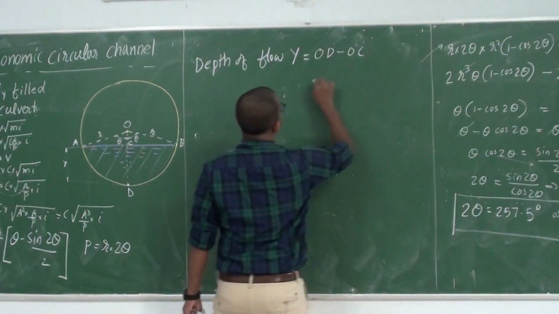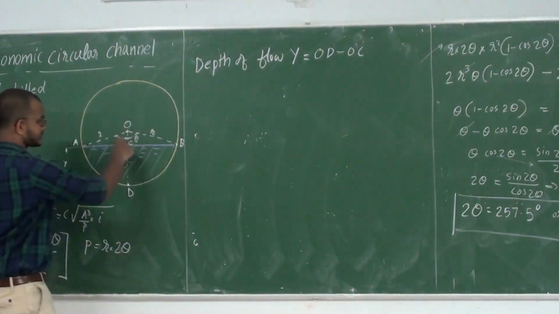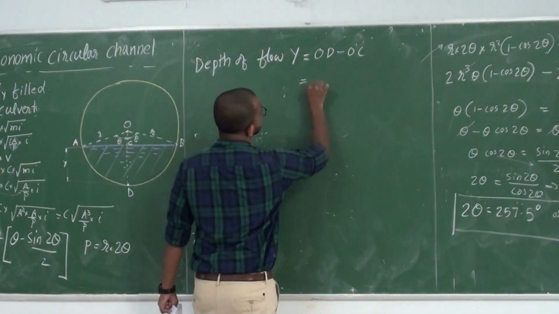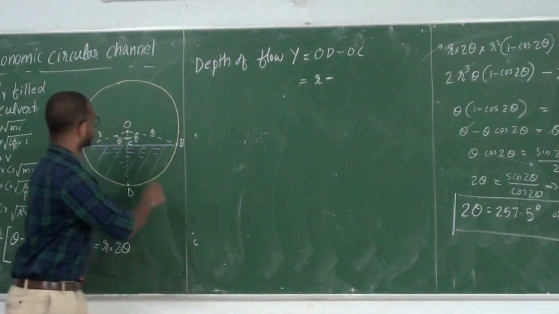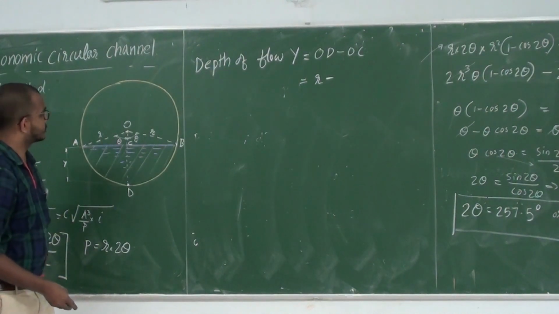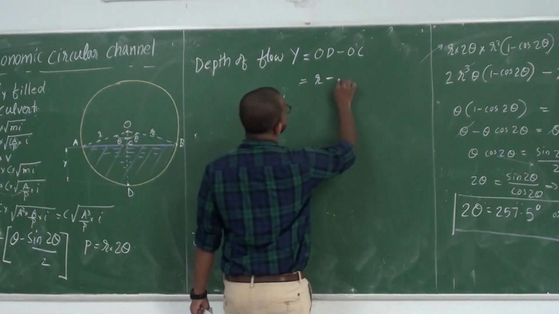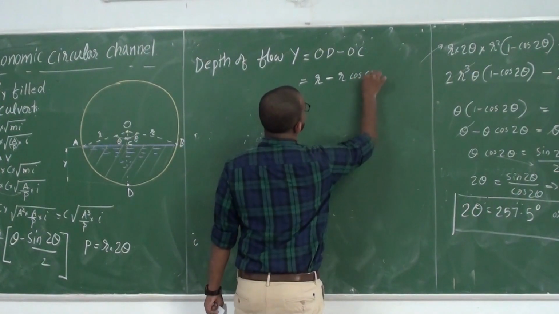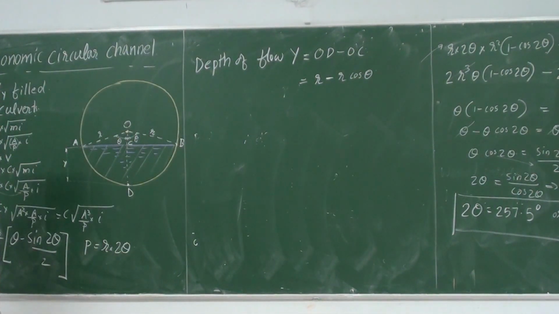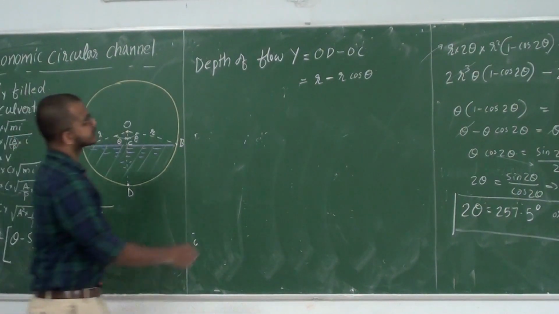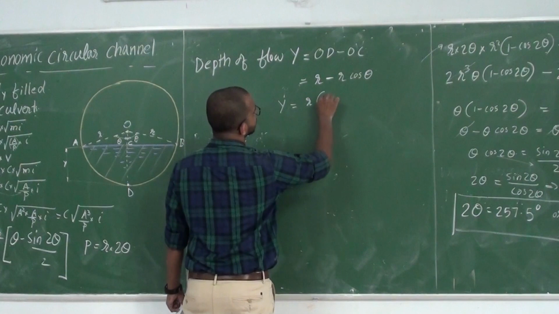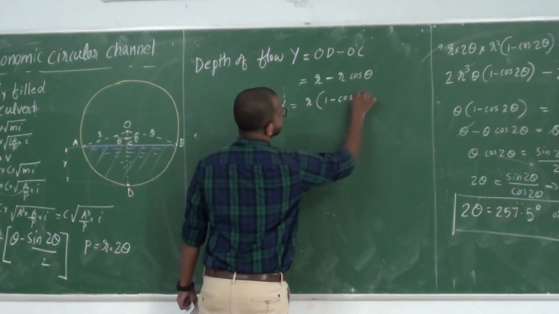OD is nothing but the radius of the circular channel, so y is equal to R minus OC. OC is nothing but R cos theta. So y is equal to R into 1 minus cos theta.